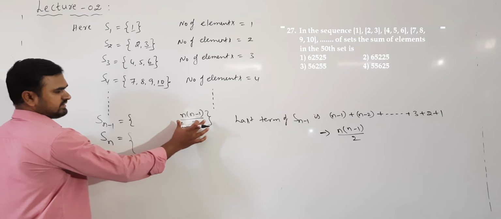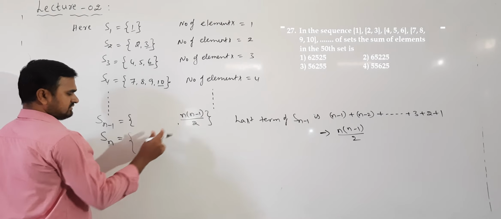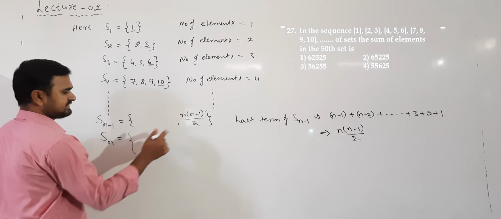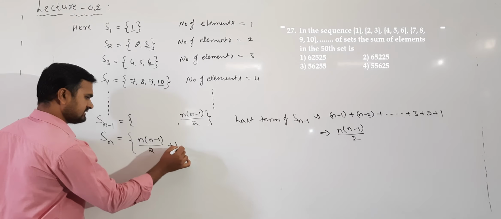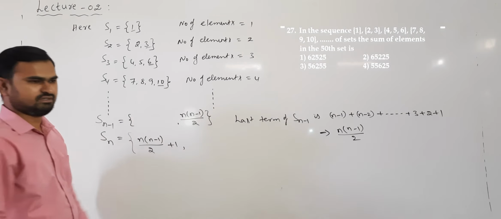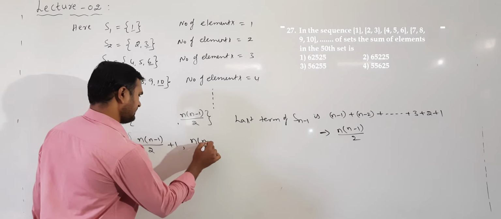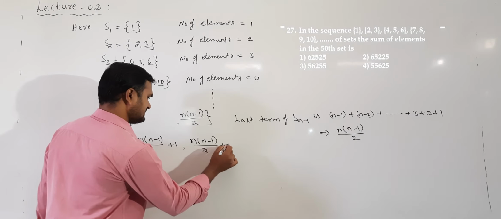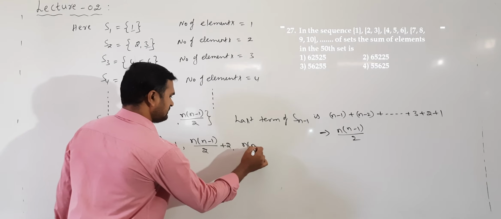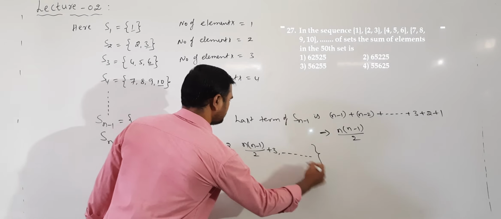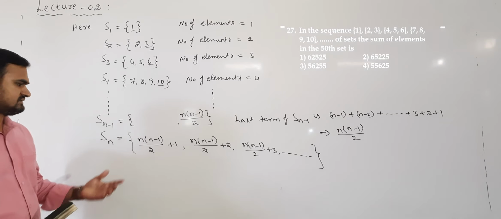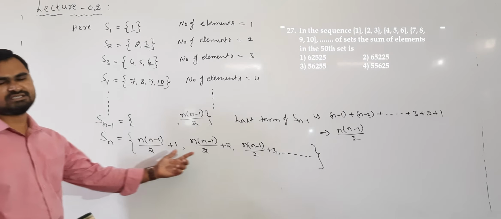If you know the last element here, the first element of this set will be 1 more than this: n into n minus 1 by 2 plus 1. The next number will be n into n minus 1 by 2 plus 2, then n into n minus 1 by 2 plus 3, and so on. So this will be the set Sn.